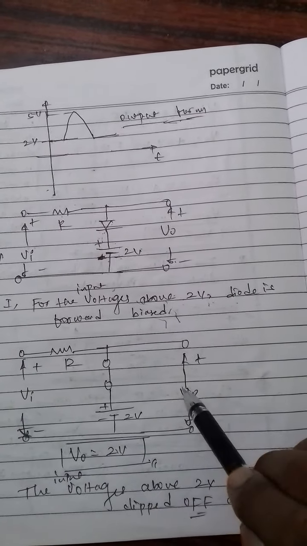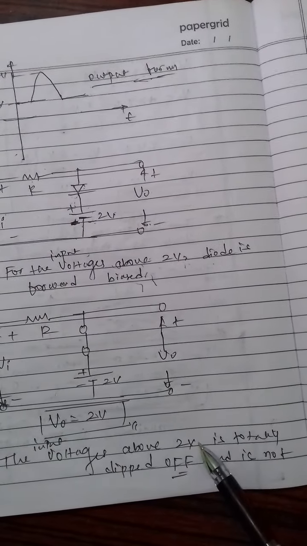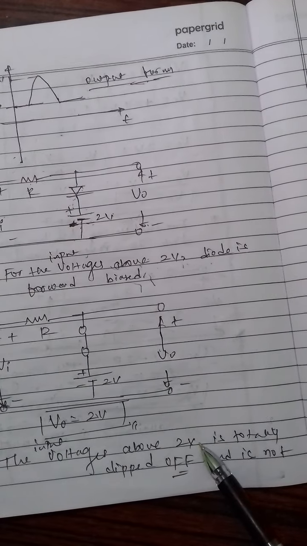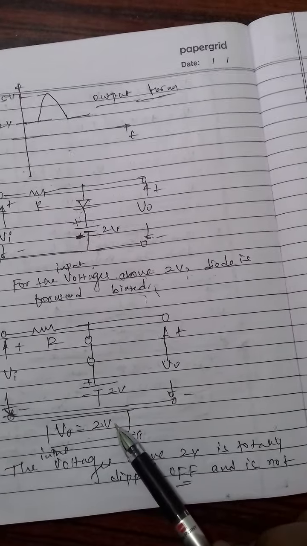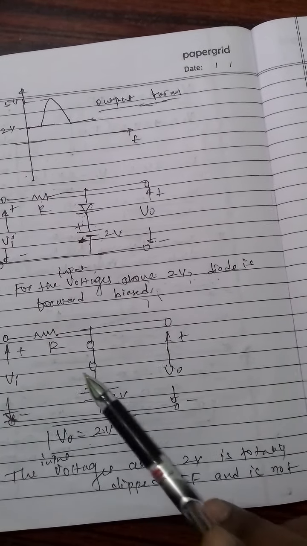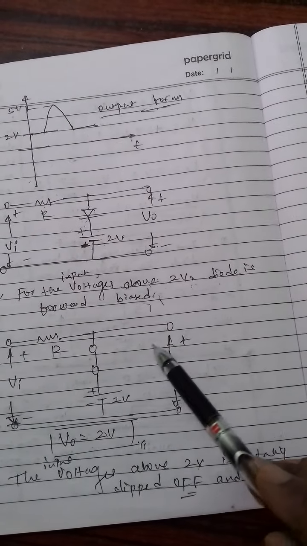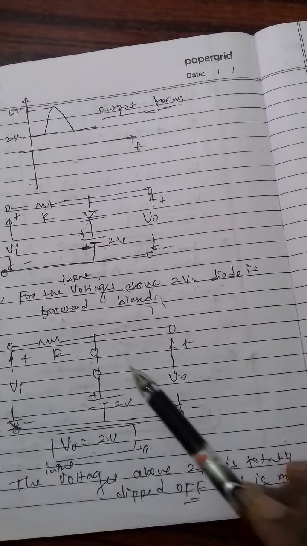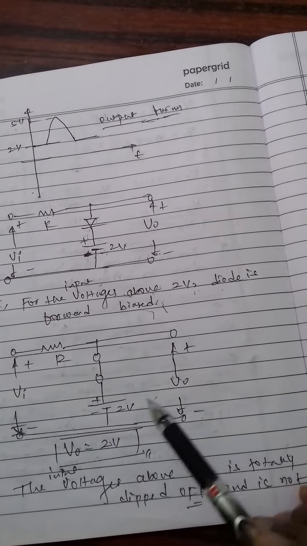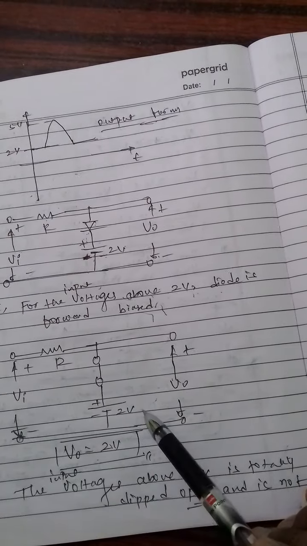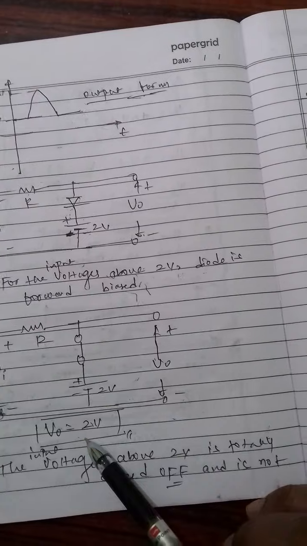First of all, why is it 2 volts? Because here it is positive and negative, and here it is negative and positive. If KVL is applied at the output, the output voltage is equal to the 2 volts.